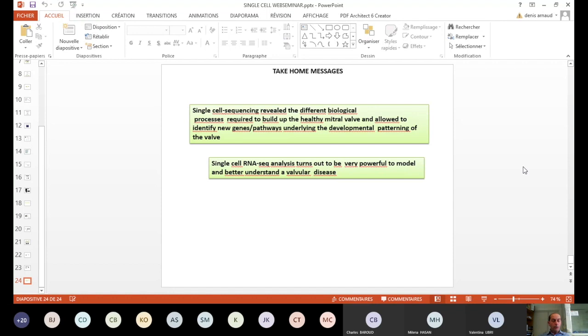It allowed us, I didn't have time to point this out, to identify new genes and new pathways which underlie the development of this valve, specifically the patterning of the valve, again, the arrangement of the cells within these leaflets. And you see from the iPS cell model that single cell could really be very powerful here to model and to better understand valvular disease. So thank you for your attention, and if you have questions, I'd be happy, of course, to answer any question.